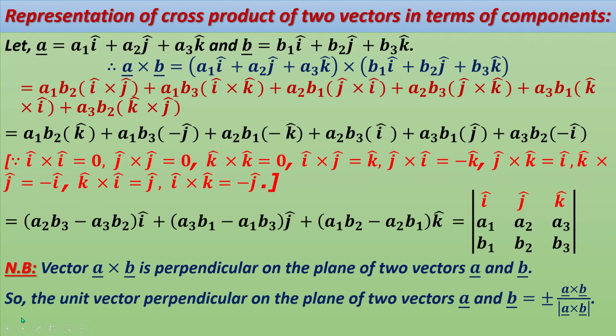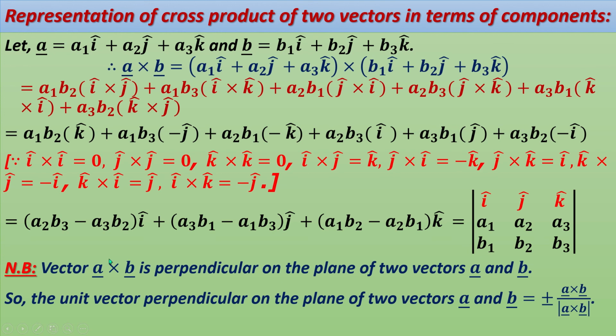Clear? So the unit vector perpendicular to the plane of the two vectors A and B is equal to plus minus A cross B vector divided by the absolute value of A cross B vector.